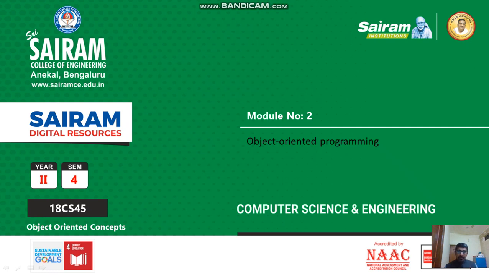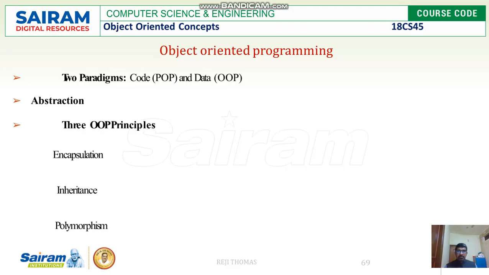In this video, we are going to see about object-oriented programming, and how Java is going to support this. In object-oriented programming, as we have seen, we have four features. One is abstraction. We have seen ample examples for this.